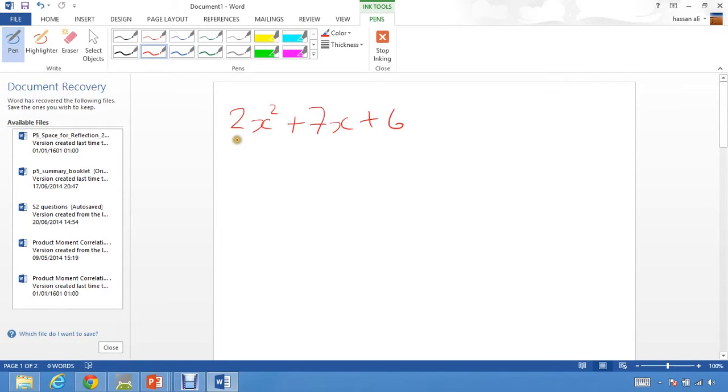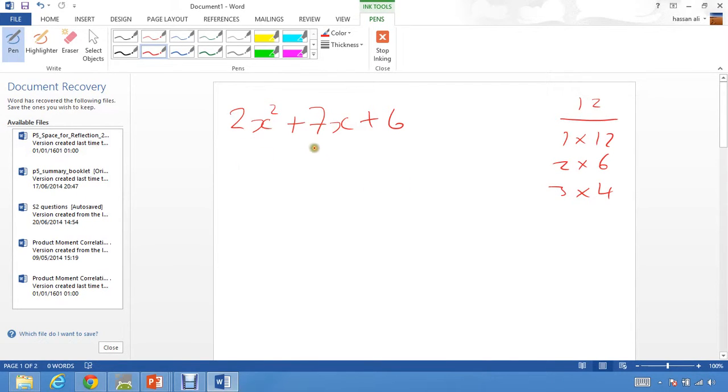Now in this case, the first step that we do is multiply the 2 by the 6. So that will give you 12. Find two numbers that multiply to give you 12. So we'll have 1 times 12, 2 times 6, 3 times 4. Now out of these, which ones add to give you 7? It'll be 3 and 4.